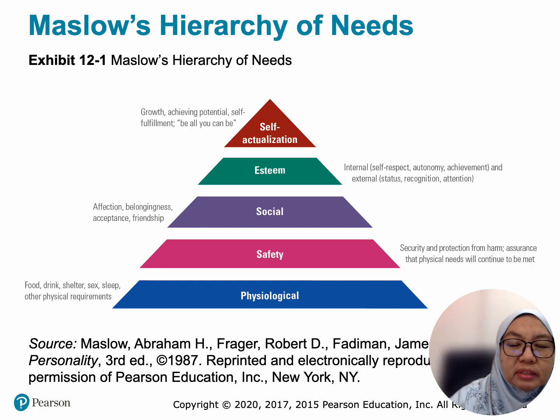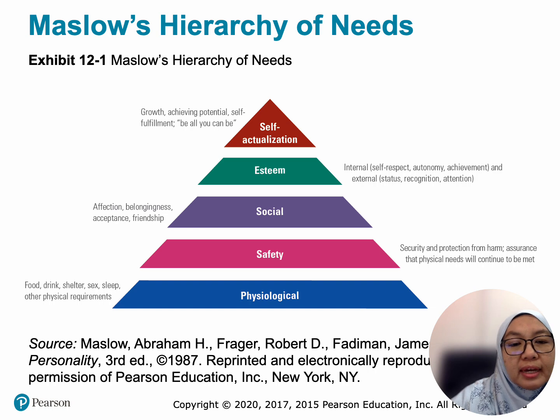The fourth level is esteem needs, which include internal esteem factors such as self respect, autonomy, and achievement, and external esteem factors such as status, recognition, and attention. Finally, the highest level of needs is self actualization, which includes growth and achieving one's potential.